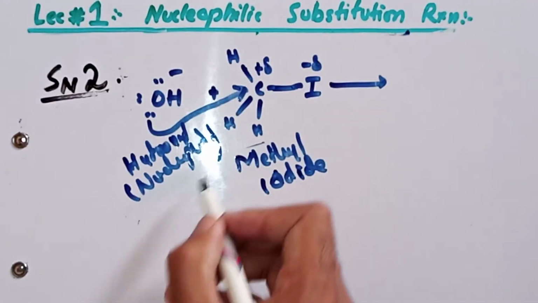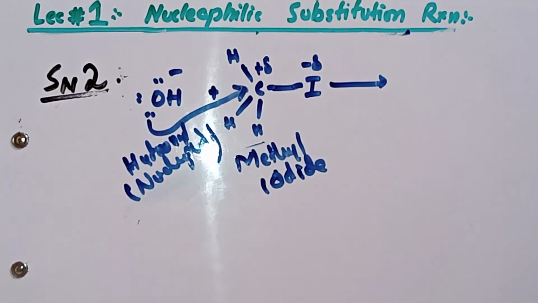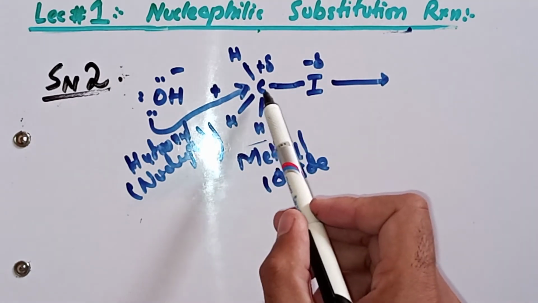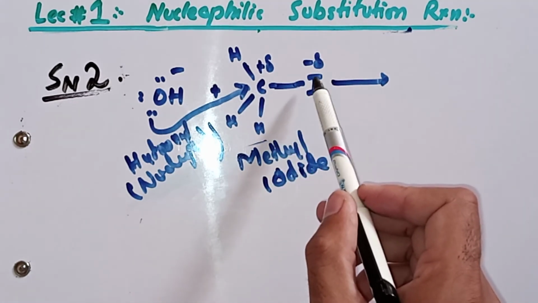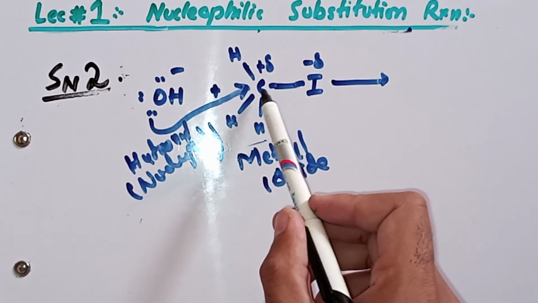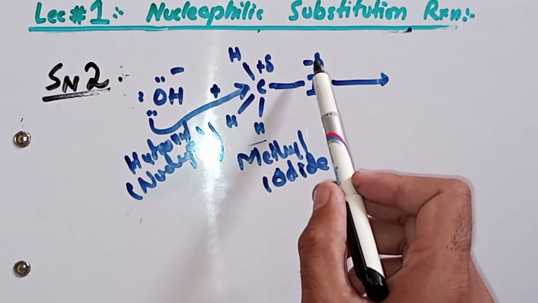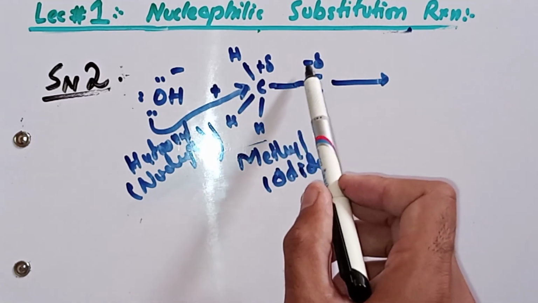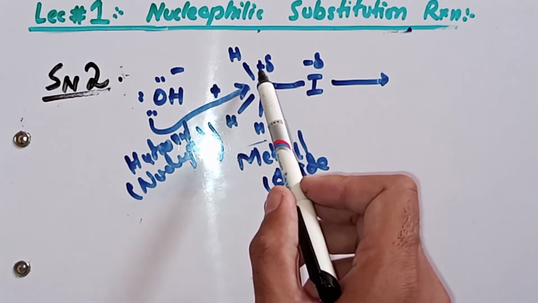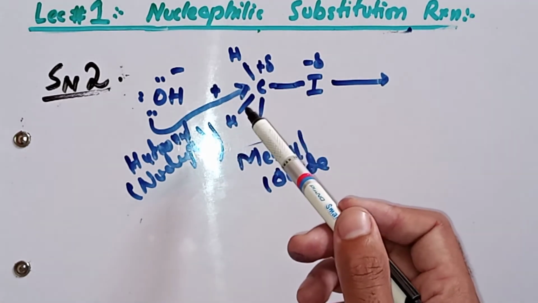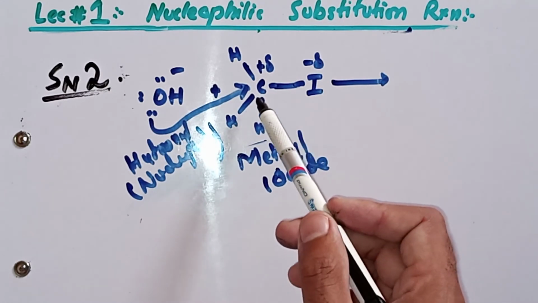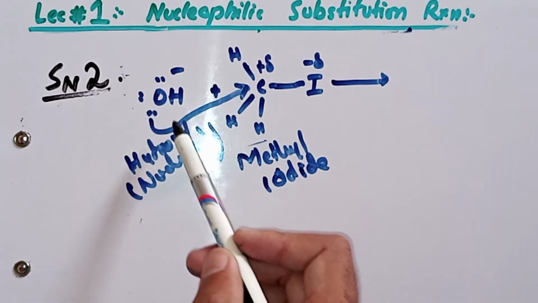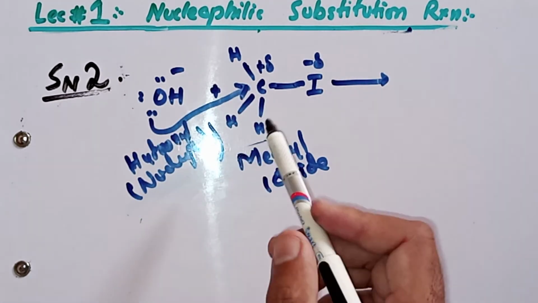When this nucleophile attacks this electrophile, here this iodine is the most electronegative compared to carbon. So this iodine atom will withdraw electrons from this carbon. That's why the iodine becomes partial negative and the carbon partial positive. Partial positive means there is electron deficiency, and electron deficiency means it is an electrophile. So that's why this hydroxyl ion or nucleophile will attack this carbon.